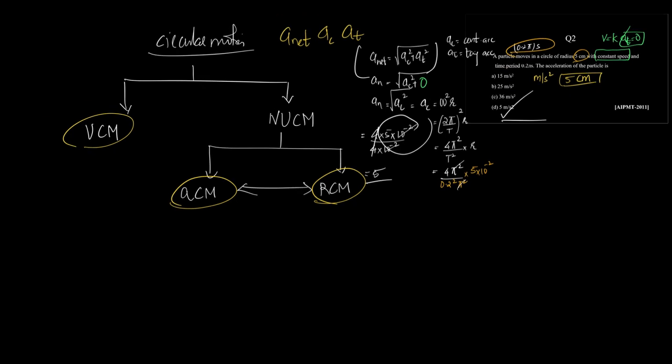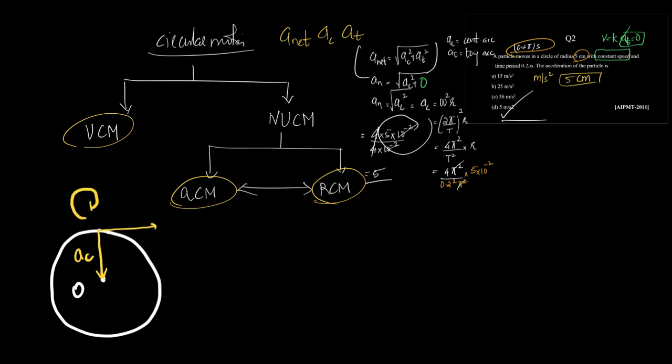When we have uniform circular motion, say this is the center of the circle. So this represents the direction of centripetal acceleration, and velocity is always tangential. I assume the object is rotated in the clockwise direction. So the velocity is like this, and the angle between centripetal acceleration and velocity is 90 degree.